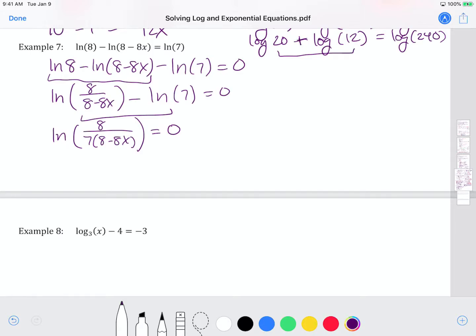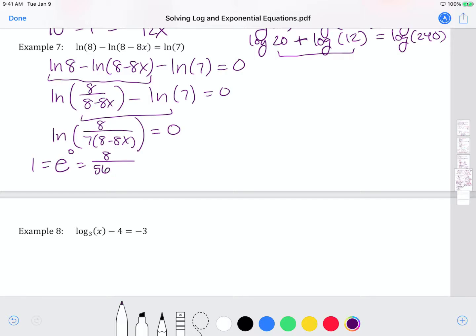Okay, now I have it written as one log. I have everything else on the other side, so I can write this in exponential form. My base is e, so I have e to the 0. This is equal to 1, and that's equal to 8 over, I'm going to distribute that 7 when I write this down.